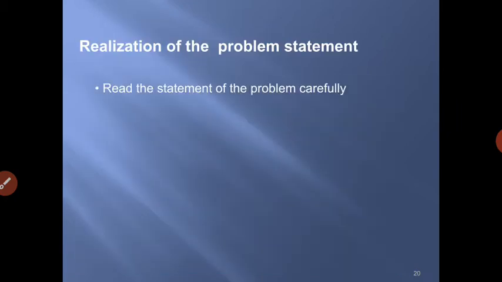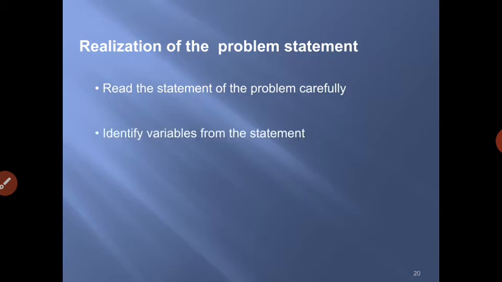Next we will see some practical examples of, given a problem statement, how to convert that problem statement into its digital logical expression, and then we can go for simplification. We will see first how to realize the problem statement.